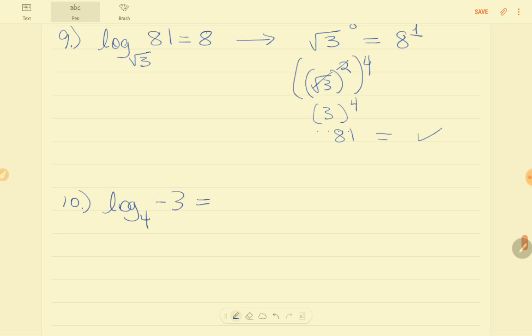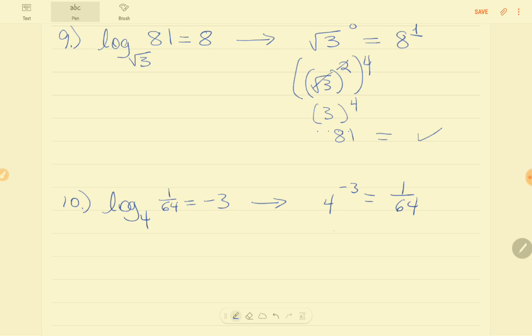Oh, I started converting already. So this last one is given as log base 4 of 1 over 64, which can be rewritten as the base 4 to the power, oh, I forgot to put the other side of the equation. And this is what we're doing. So we're doing 4 to the power of -3 equals 1 over 64.